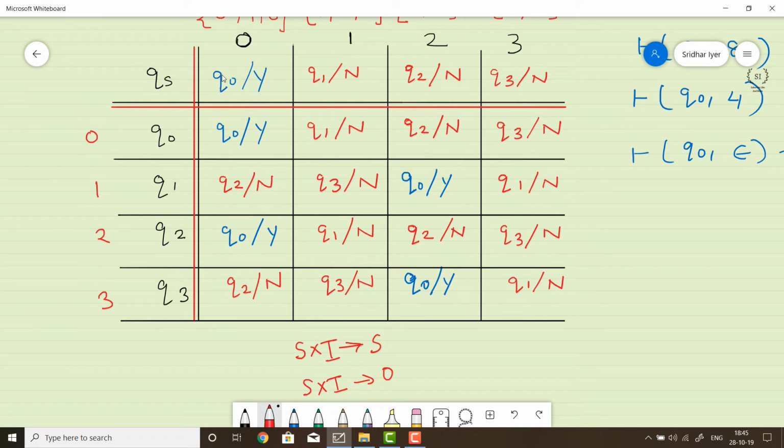Here QS on input 0 gives Q0, which satisfies the STF. Similarly QS on input 0 gives an output Y, so it also satisfies MAF. Similarly we can design the entire table.